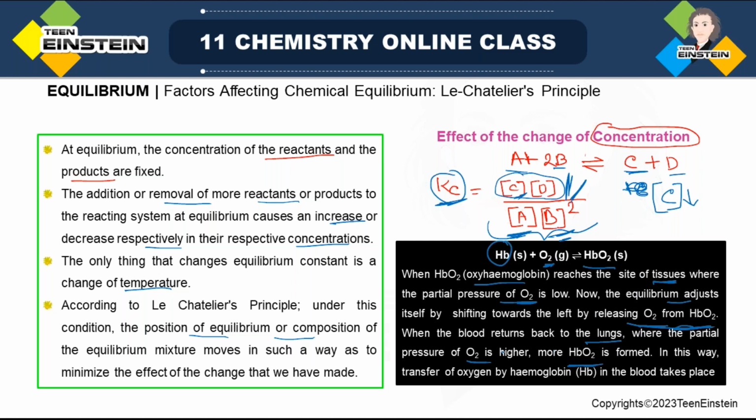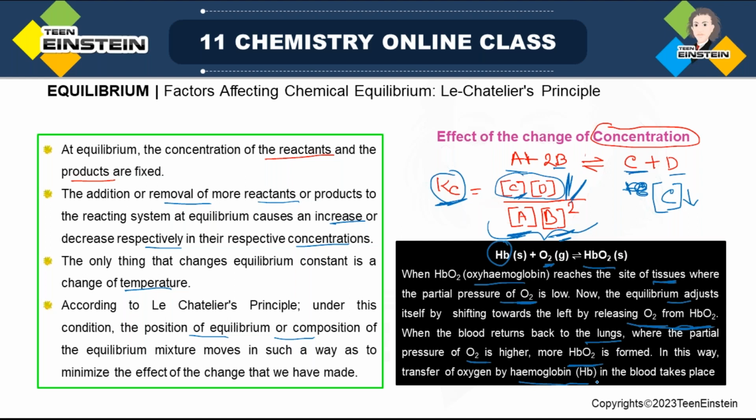In this way, we can understand how O2 is transferred by hemoglobin between the lungs and the tissues in different parts of our body. So here also you can see how a change in concentration can affect chemical equilibrium. This is a real life example.